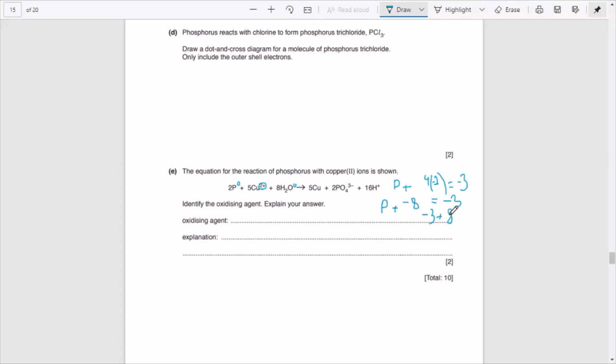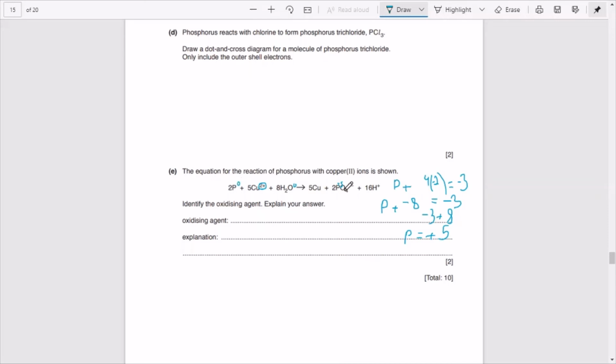So ultimately P has an oxidation state of plus 5. So here we have plus 5 oxidation state. Alright, it's 0 to plus 5.